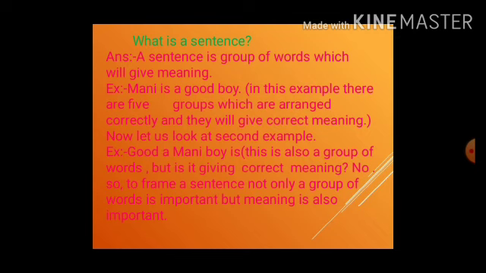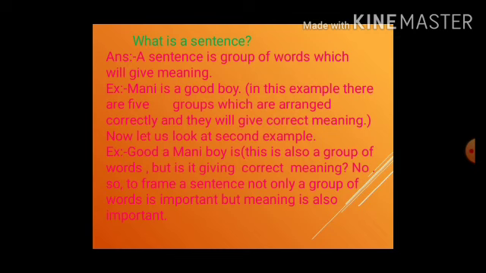Now, let us look at the second example. Good a money boy is. This is also a group of words, but is it giving correct meaning? No. So, to frame a sentence, not only a group of words is important, but meaning is also very important.